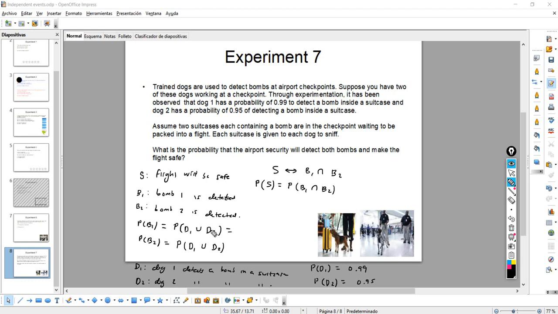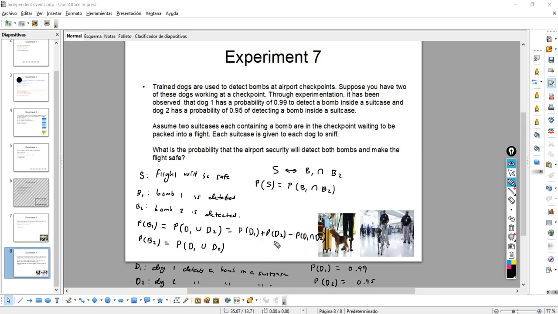So the probability of D1 or D2 is by formula the probability of D1 plus the probability of D2 minus the probability of D1 and D2, right? Okay, so we do know the probability of D1 is 0.99.